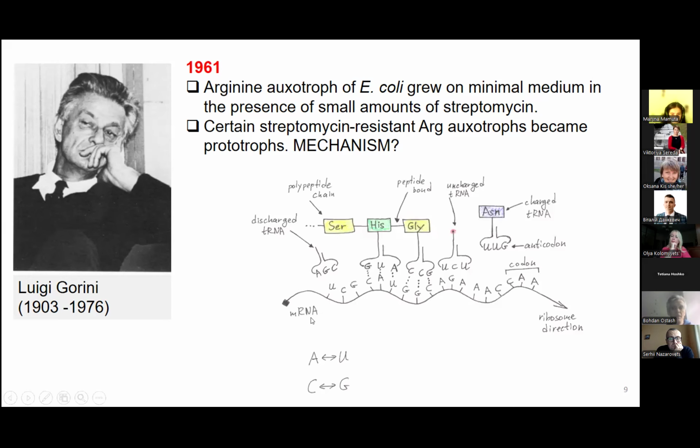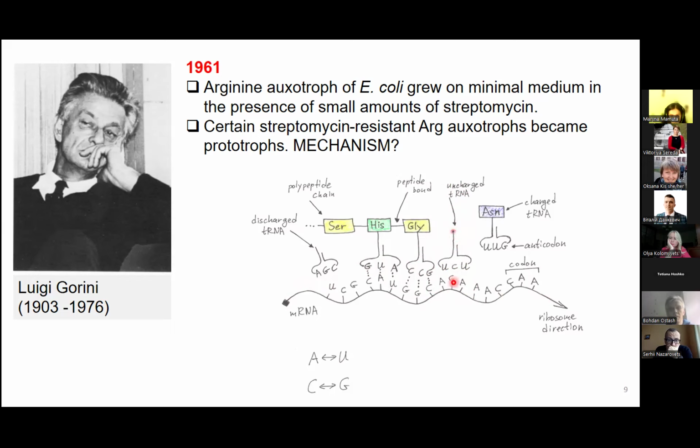So basically we have our mRNA, our recipe for a certain protein, and we have these tRNAs lined up along the mRNA. What we have over here is the arginine codon, and we have an uncharged tRNA. Because we have no arginine in cells, there is no way to produce tRNA loaded with arginine, and that would serve as a stop.